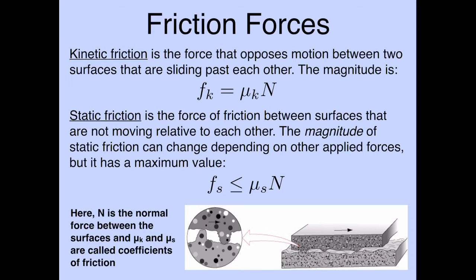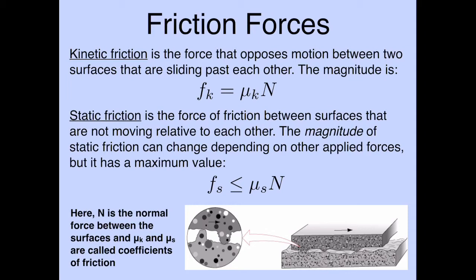Okay? Static friction is the force of friction between surfaces that are not actually moving relative to each other. So let me give you an example of this. If you have your book resting on the table and you give it a small push, okay, not a hard push, but a really, really small push, you'll see that it's not actually enough to move the book.